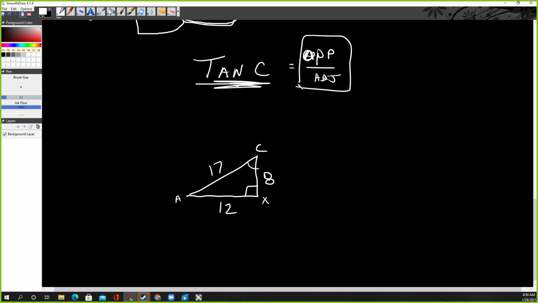If they told me to find tangent of C, well, first off, look at this little 90 right here. That means that this side is the hypotenuse, okay? Because that's a 90, the opposite side of the 90 is the hypotenuse. Here's the angle we're talking about. That means that this side is the opposite, because we're talking about this C. And the opposite of this angle is 12, so this is the opposite.